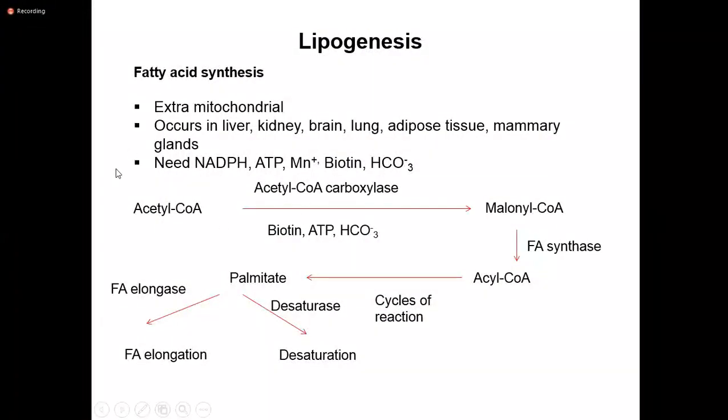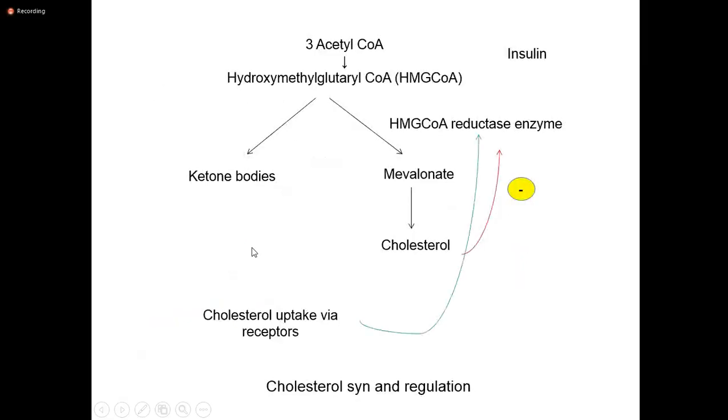Okay. Now, if you just refresh your memory, fatty acid synthesis, acetyl-CoA is the precursor. That was why I was telling when there is increased acetyl-CoA production, there is increased production of fatty acids. And using those fatty acids, triglycerides are produced in the liver. Right? In the same way, acetyl-CoA is the precursor for the synthesis of cholesterol, right?